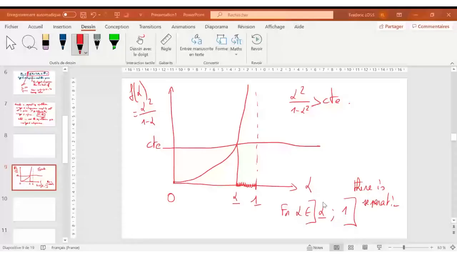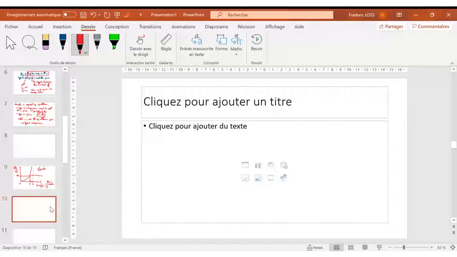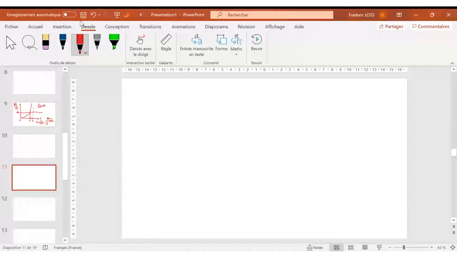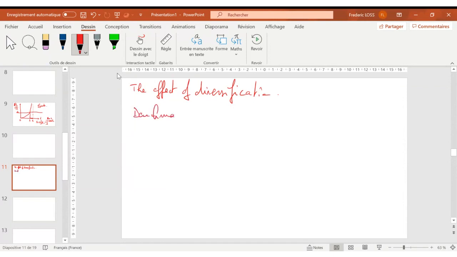So the effect of diversification. So first, the benchmark: a single entrepreneur.